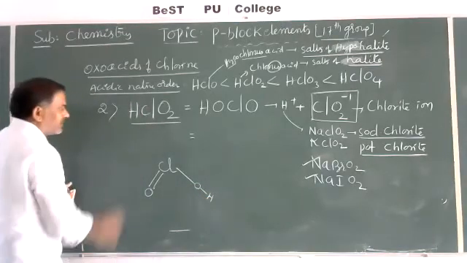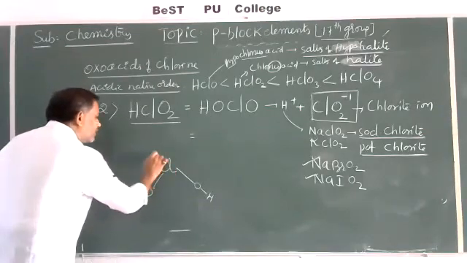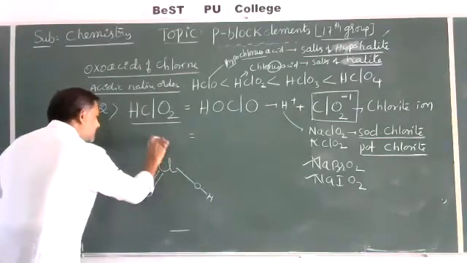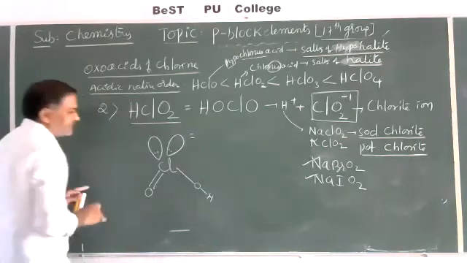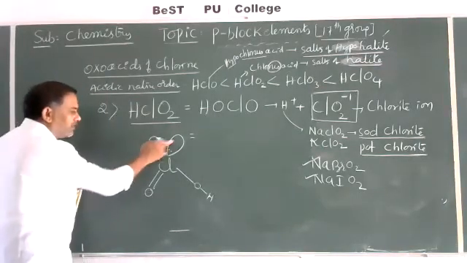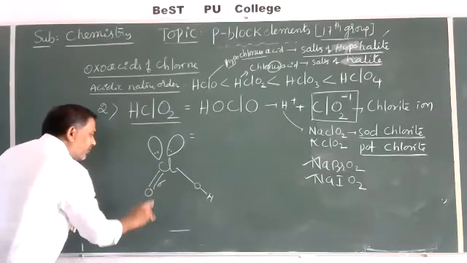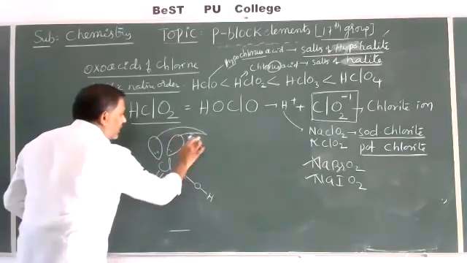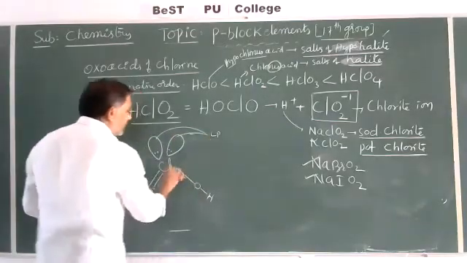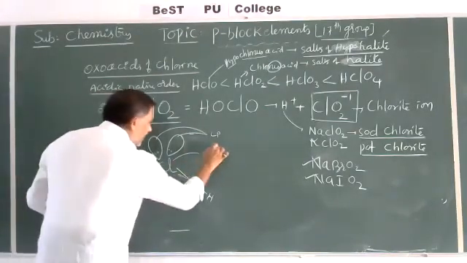And the remaining 2 lone pairs are there. Our textbook has not given this, so remember it. Around it, sigma bonds are 1, 2 and these two are lone pairs. That's why it undergoes sp3 hybridization.